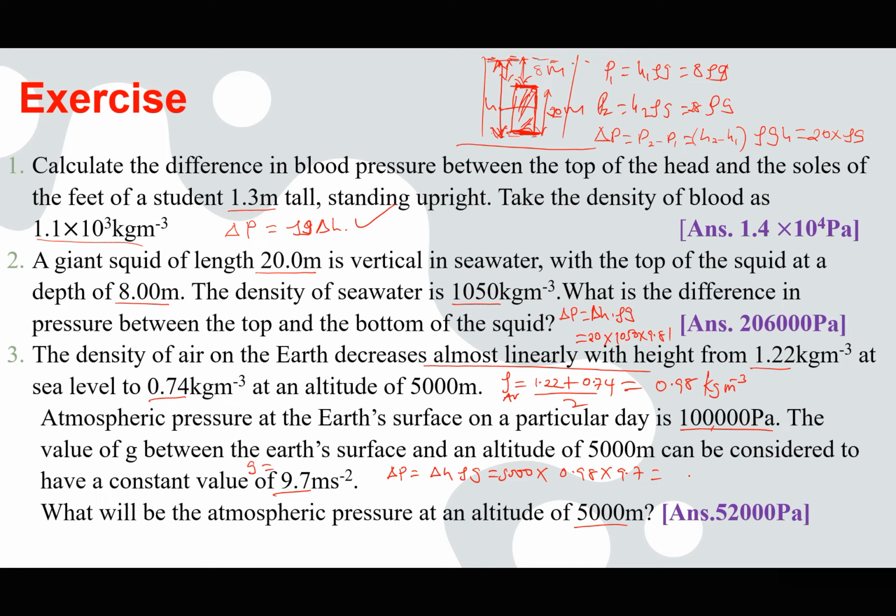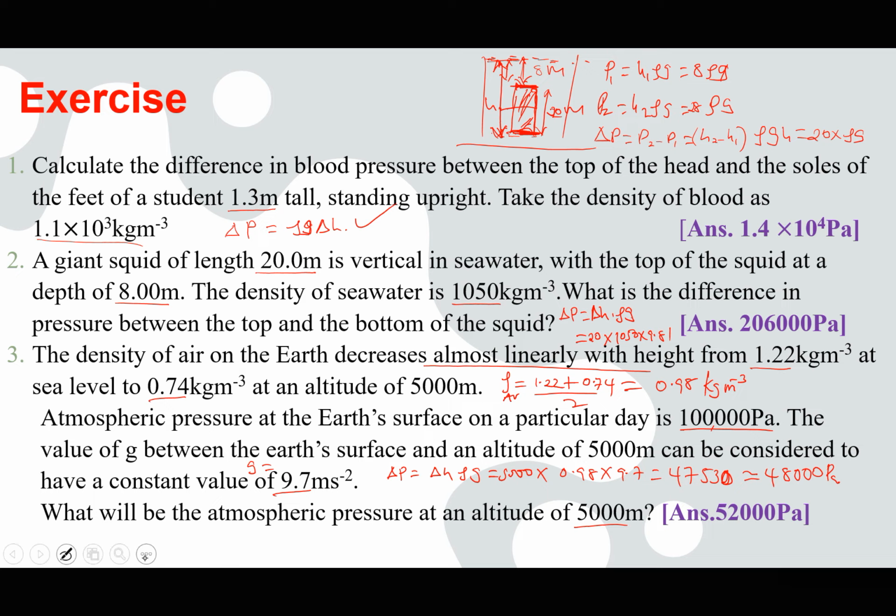So 5,000 times 0.98 times 9.7. Here we're using G as 9.7, so this gives us 47530, which is approximately 48000 pascals. So that is the change in pressure.